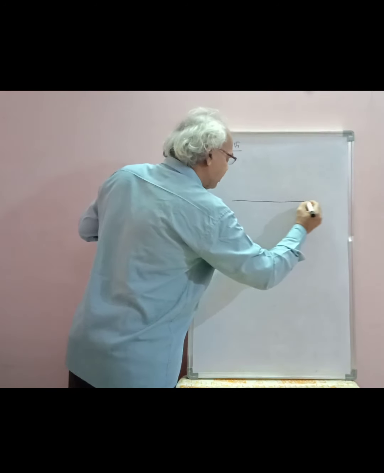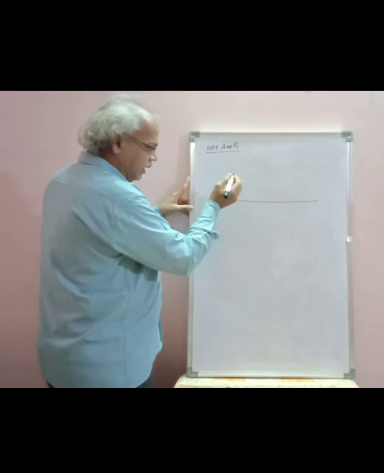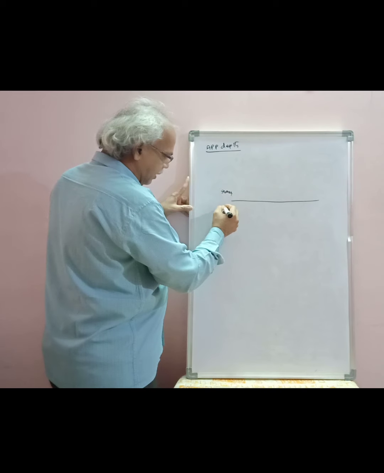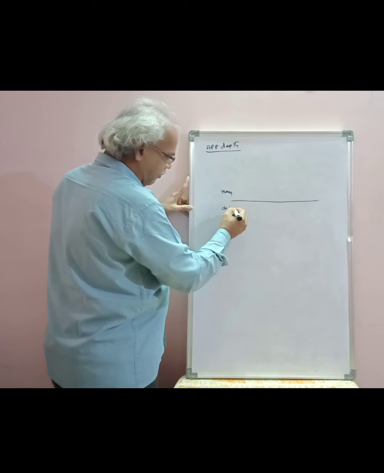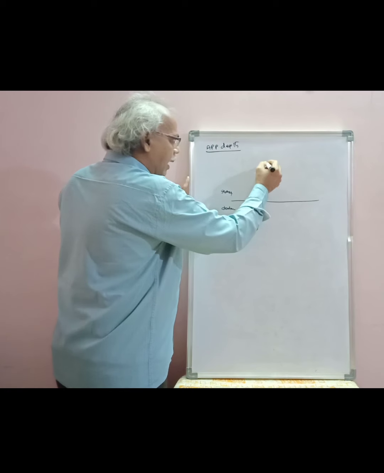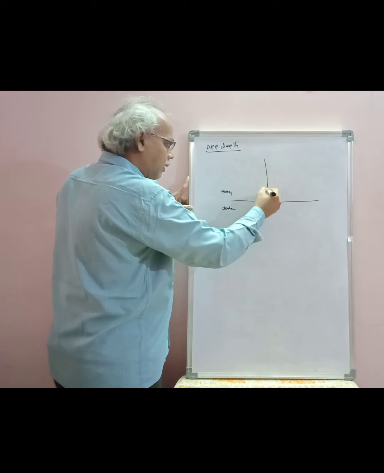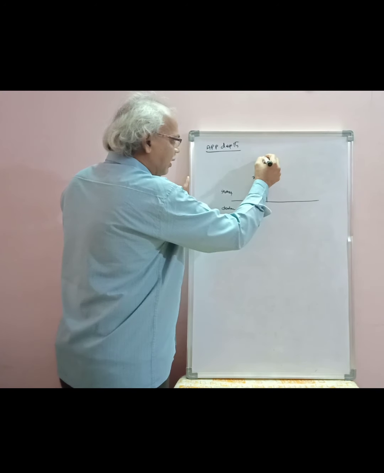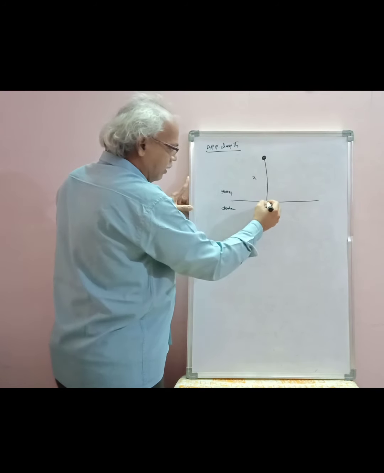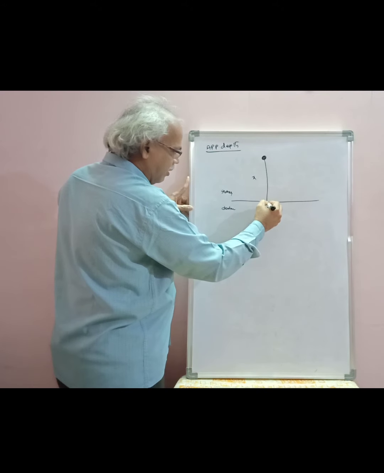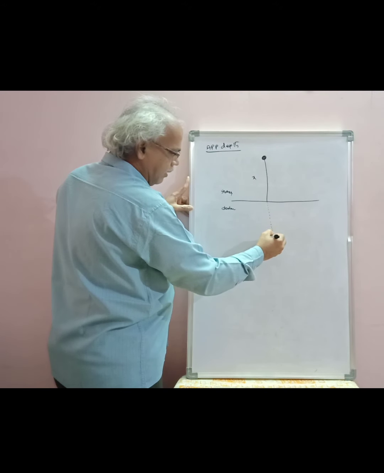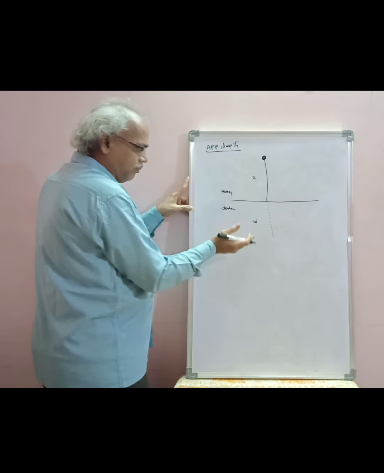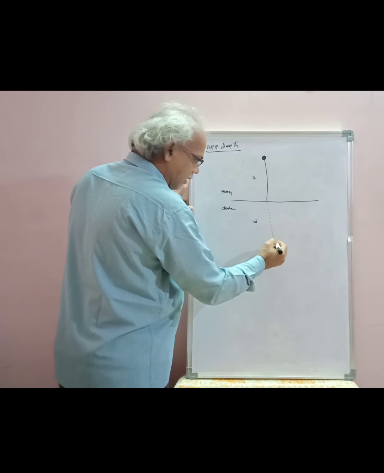Suppose it is the interface of two media, with a rarer medium and an optically denser medium, and an object at a distance x from this interface, say a bird, and at a distance d inside the denser medium, say a fish.